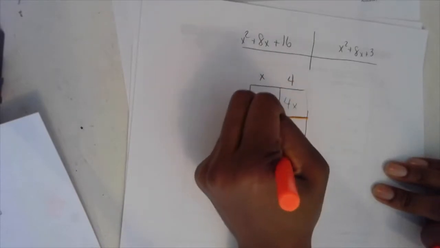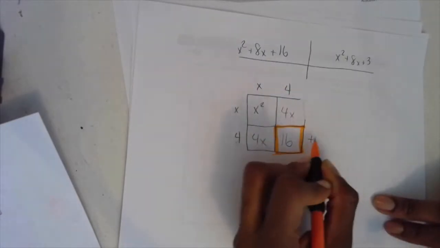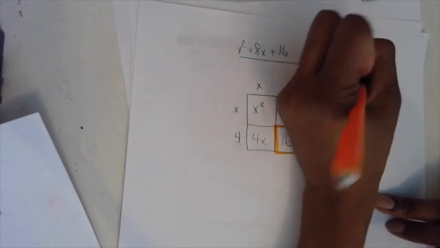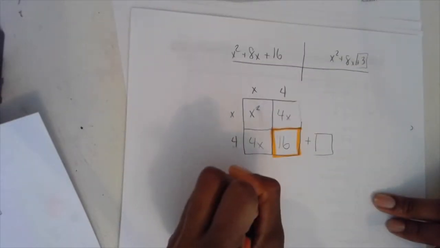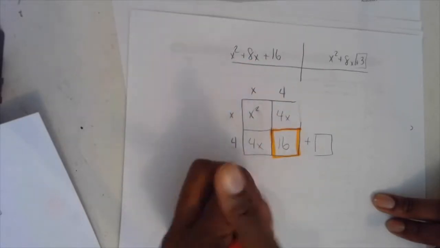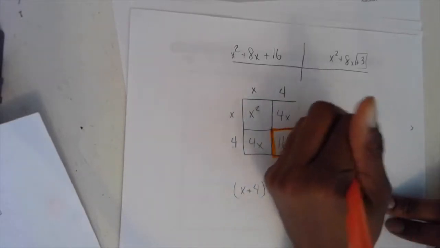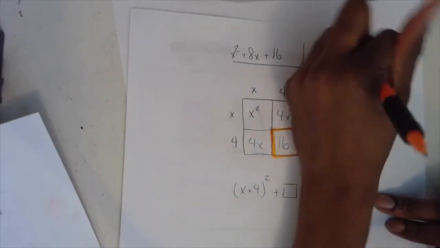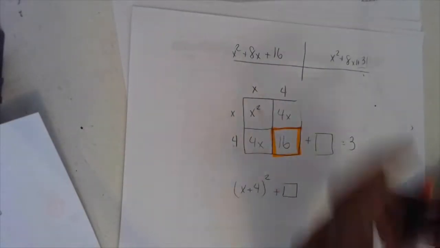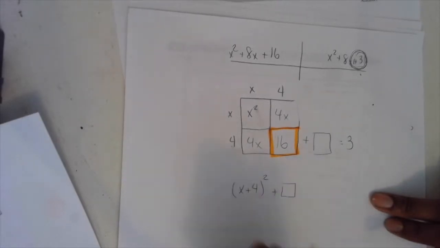So what I may do is put a little highlight around that box and really ask them, plus what will give me that, because we know x squared plus 8x plus 16 is x plus 4 squared. Actually, I probably shouldn't put a box around that because that could be confusing. How can I get it to equal 3? What value would make that true?